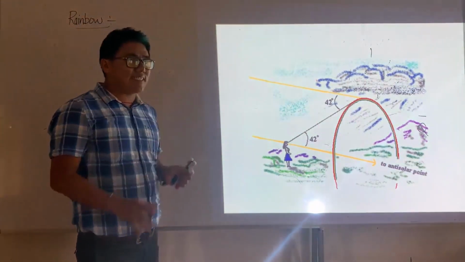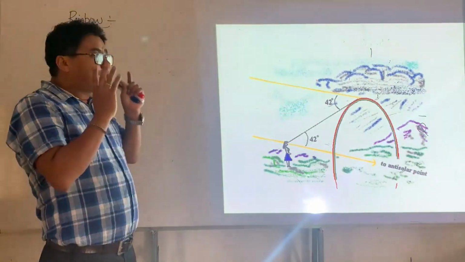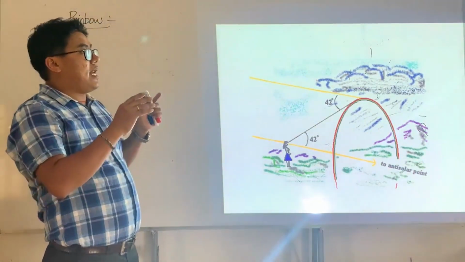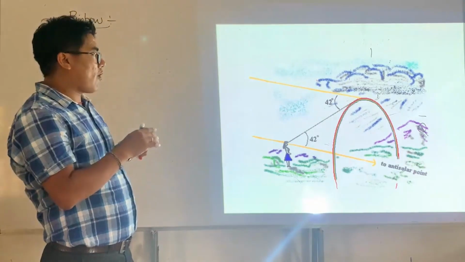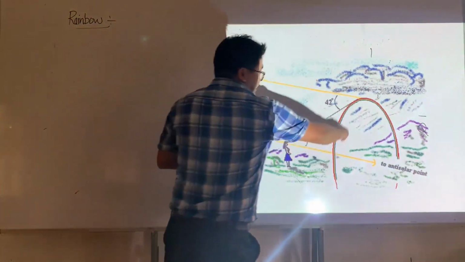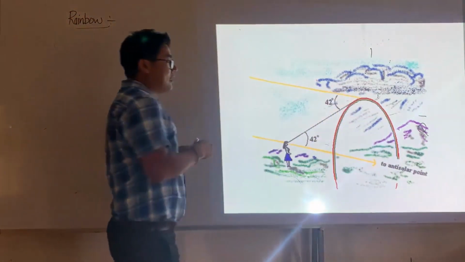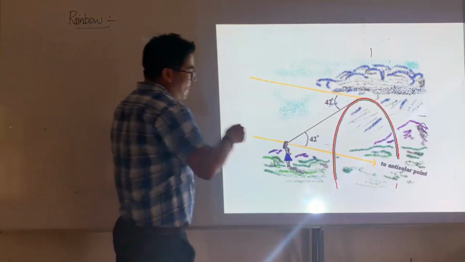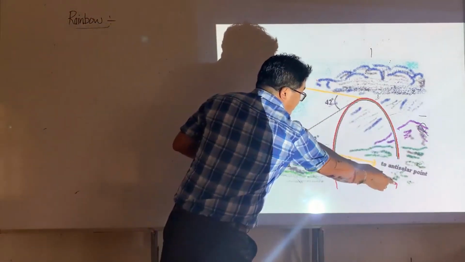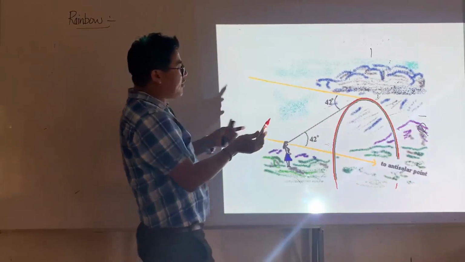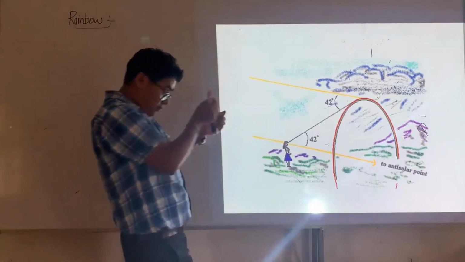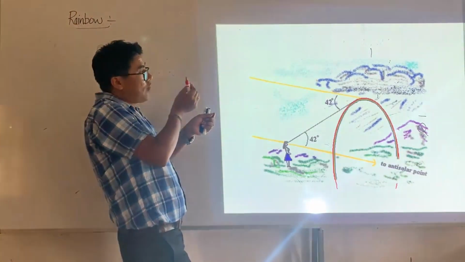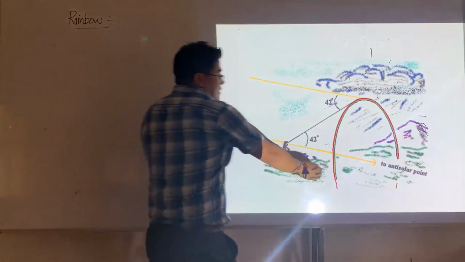However, the simple answer is that when you see a rainbow, these are all droplets, and you are at the focus of this ball.